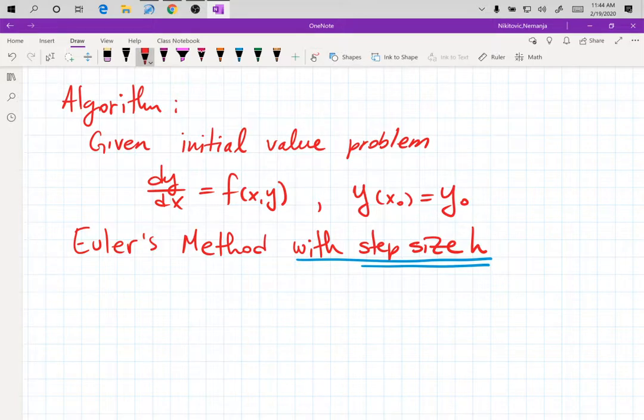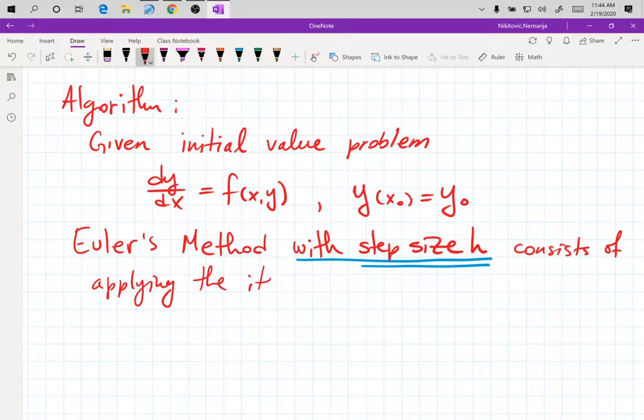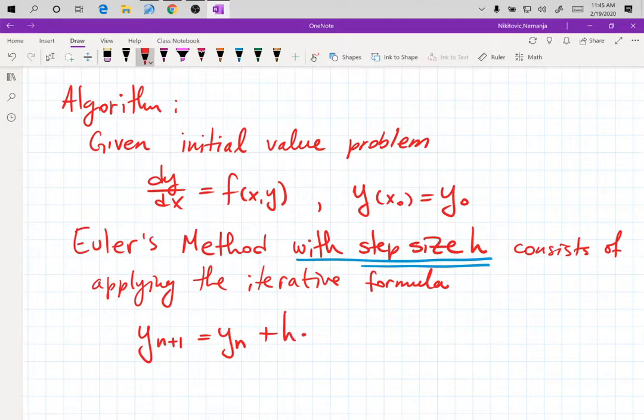consists of applying the iterative formula y(n+1) equals y(n) plus h times f of x(n), y(n), for n larger than or equal to 0, clearly because your n is the counter 1, 2, 3, 4, to calculate successive approximations y1, y2, y3, and so on.